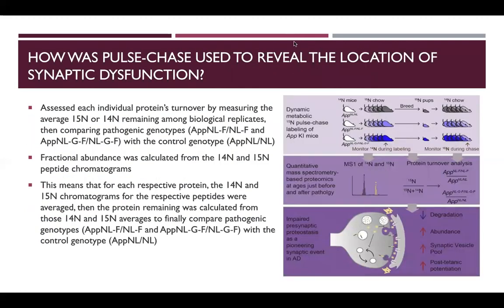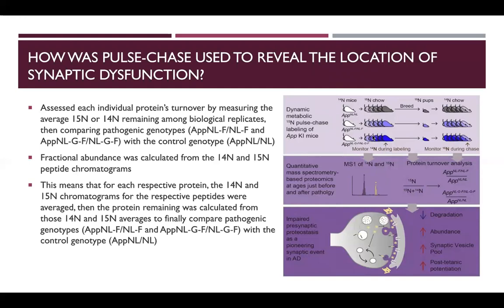So here we cover the methods of how pulse chase was used to reveal the location of the synaptic dysfunction within the brain. On this figure on the right, we can see how the mice were radioactively labeled with nitrogen-15, by being fed nitrogen-15 labeled chow.